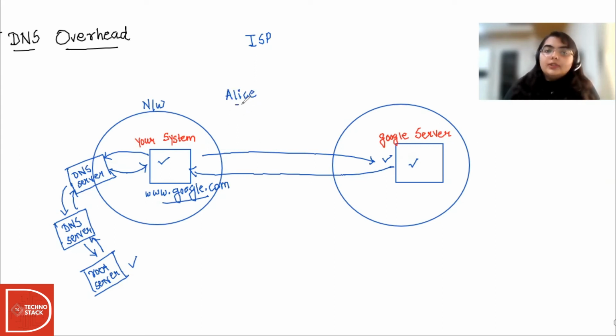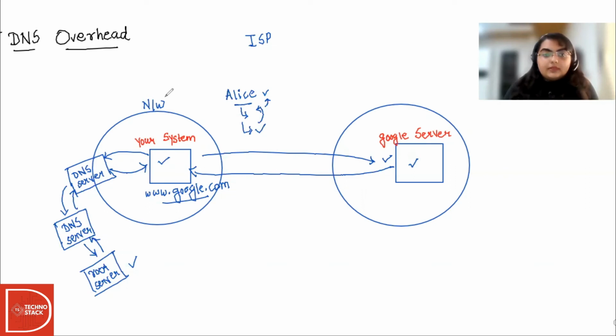So you go and ask your teacher, do you know in which standard Alice studies? And if she doesn't know, she'll go ask the one who keeps the register of all the classes. They'll definitely know. They'll check the system and find where Alice studies, and they'll get back to the teacher, and the teacher will get back to you with the information. Similarly, a DNS server works. So this entire thing is known as DNS overhead.